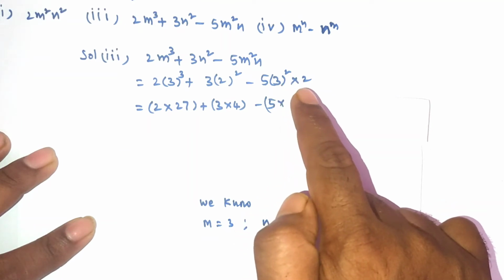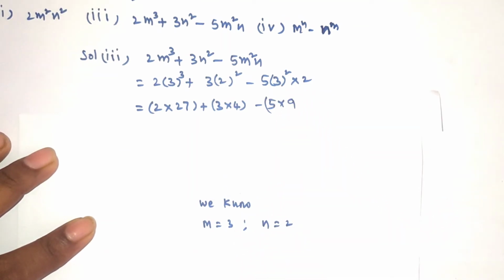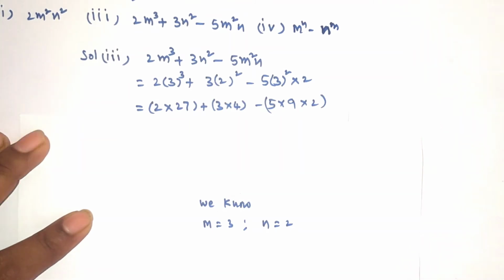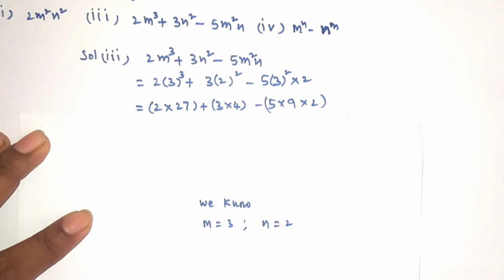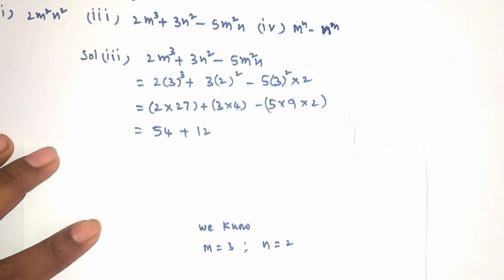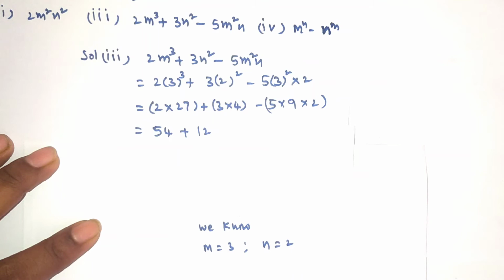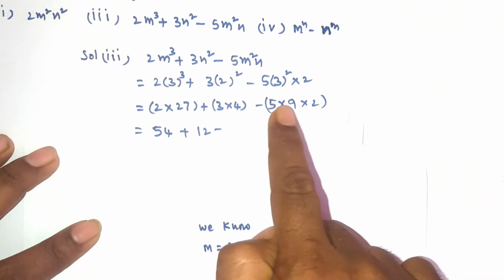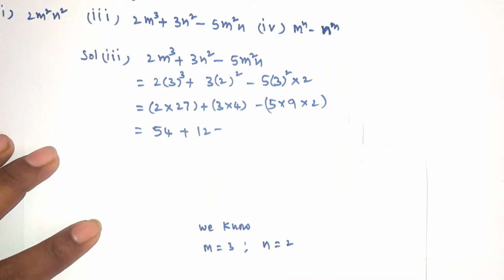So we have to write 9 here. Let us simplify this further. 2 into 27, 54. 3 into 4, 12. 5 into 9, 45. 45 into 2, 90. So we got this result.